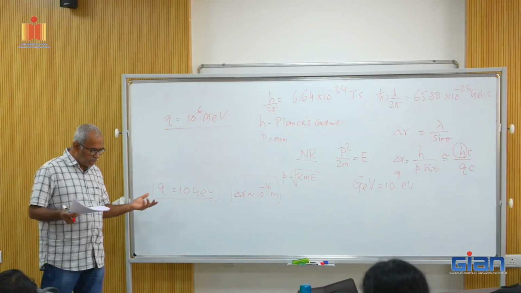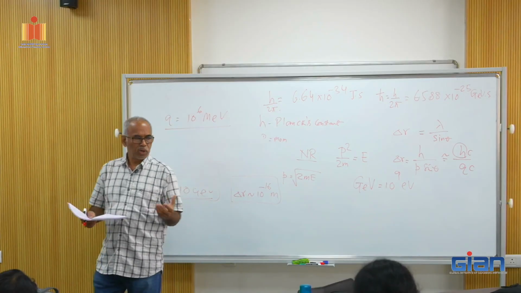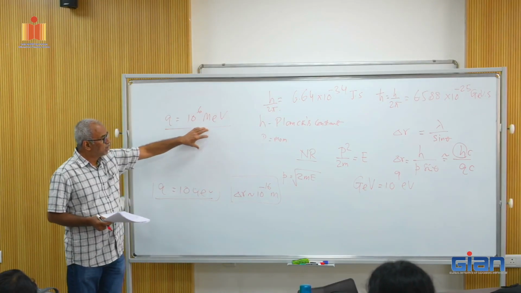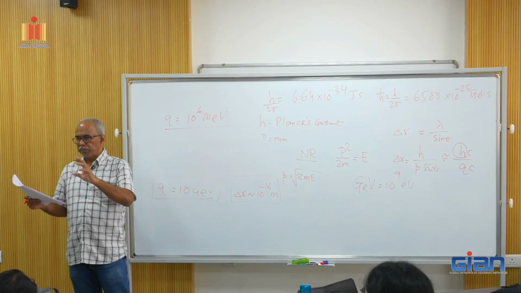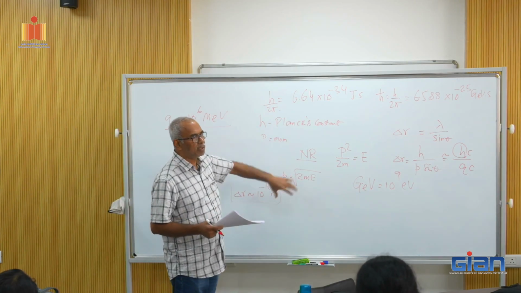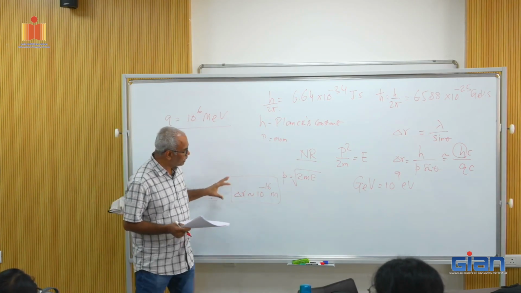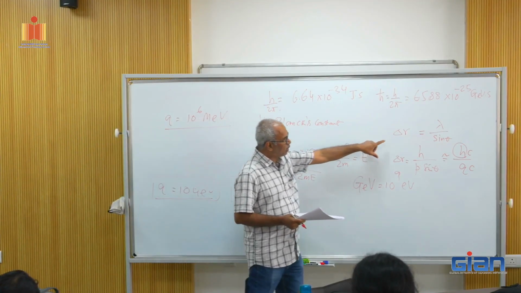So that is why in the early days, when we used to have beams of the order of MeV level, we were able to see only the atomic structure. We have the nucleus, which consists of protons and neutrons and all these things. So now with higher energy beams, we are able to probe to very small distances.